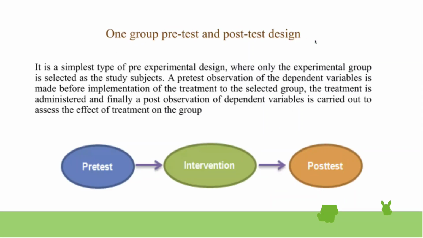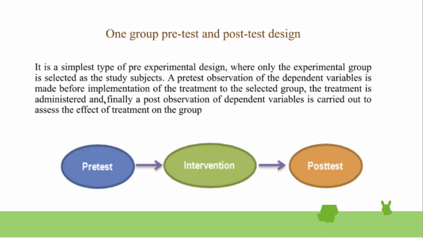One group pre-test and post-test design is another one. It is the simplest type of pre-experimental design. Only one group will be there, that is the experimental group. Pre-test, then intervention, some therapy or treatment, will be given. After that, a post-test, and the effect of the treatment will be tested, but only in one group. A pre-test observation of the dependent variables is made before implementation of the treatment to the selected group.